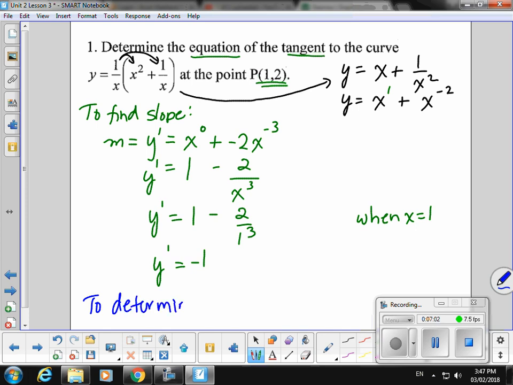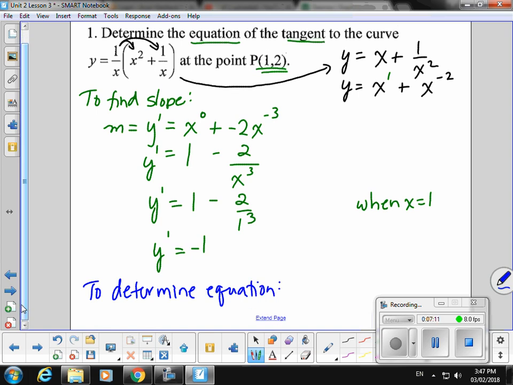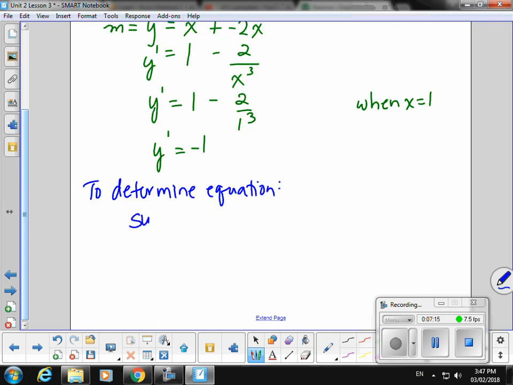Just like we did on the previous page, I need a point in order to find the y-intercept. And I have my slope. So I'm going to substitute 1, 2 into the line y equals negative 1x plus b.